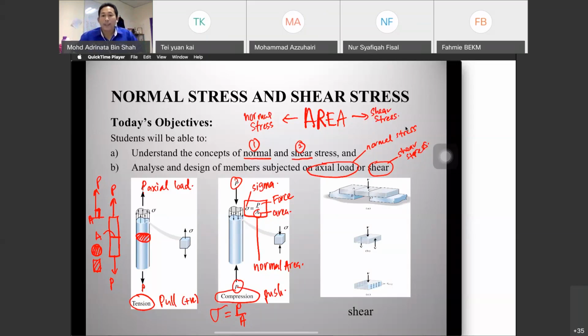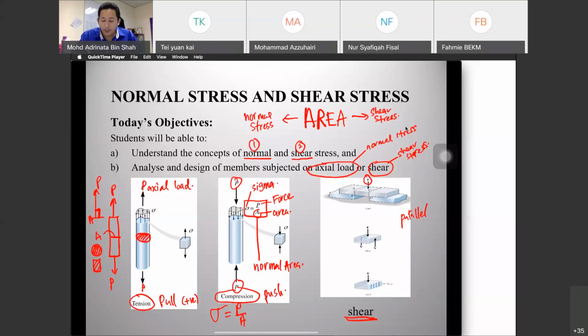Look at the shear stress. If you look at the figure for shear, the force is acting parallel to the area, the surface area.